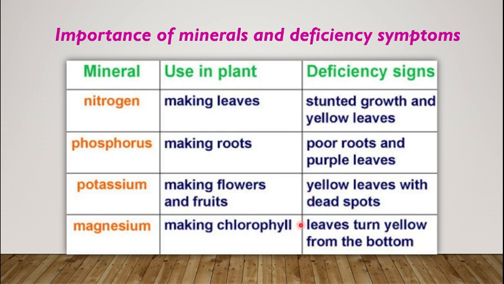Magnesium is responsible for photosynthesis, giving the pigment or green color to the leaves because it is helpful in making chlorophyll. So if leaves turn yellow from the bottom of the plant, it shows that it is deficient in magnesium.